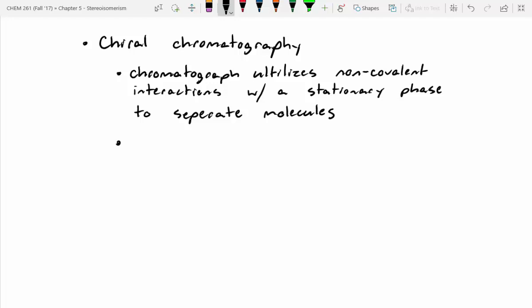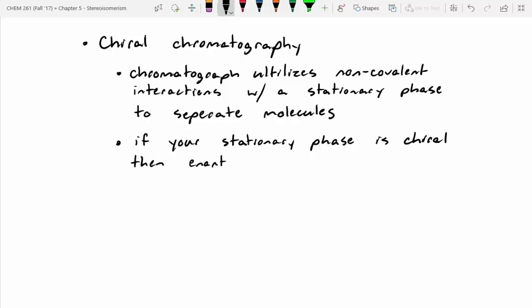All right. And then the second part with chiral chromatography is the key part. If your stationary phase is chiral, then each enantiomer will flow through it at different rates.